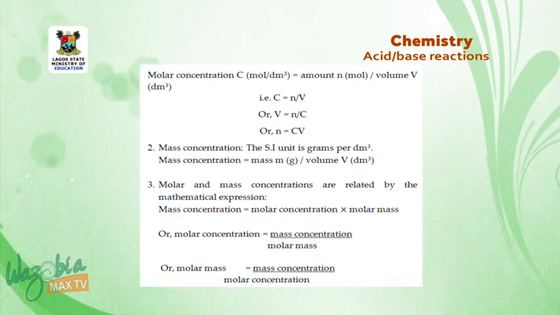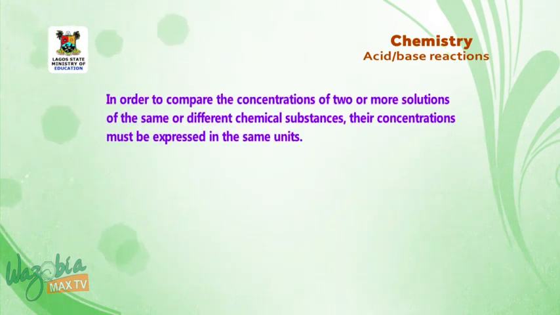If we make molar mass the subject of the formula, it becomes mass concentration over molar concentration. In order to compare the concentrations of two or more solutions of the same or different chemical substance, their concentrations must be expressed in the same unit.